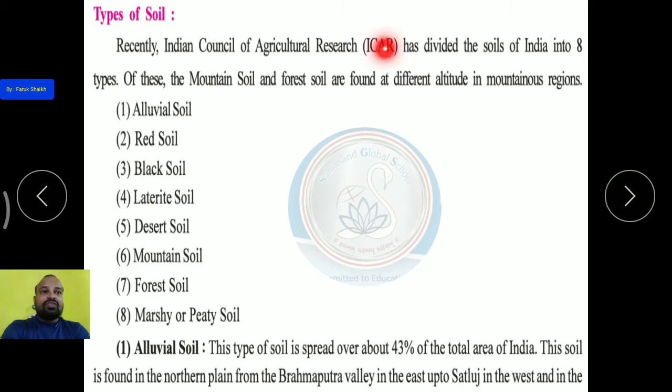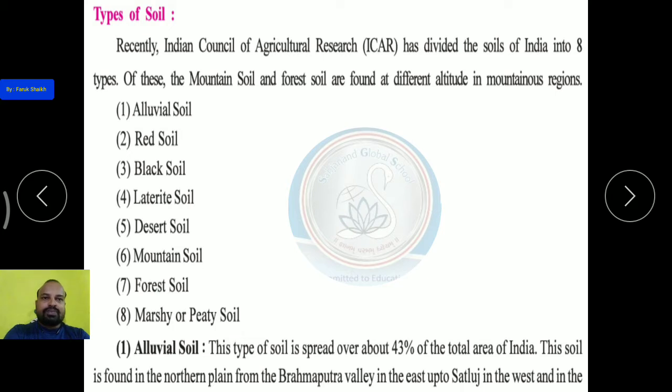ICAR has divided the soil of India into 8 types, classified according to color, humus, structure, and climatic influence. Of these, mountain soil and forest soils are found at different altitudes in the mountainous region.